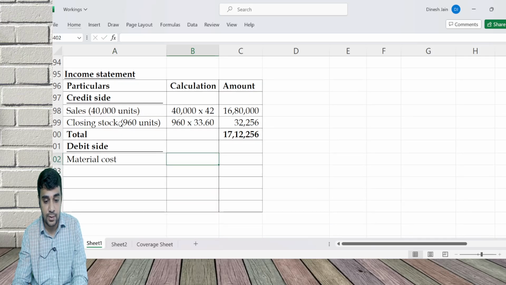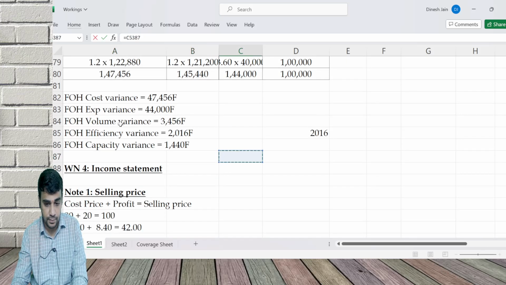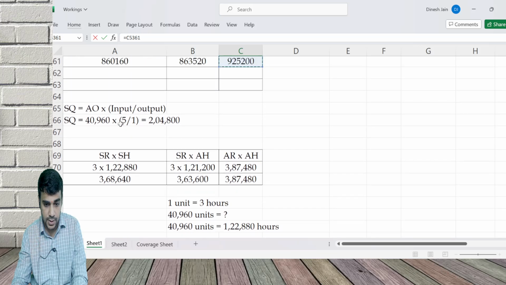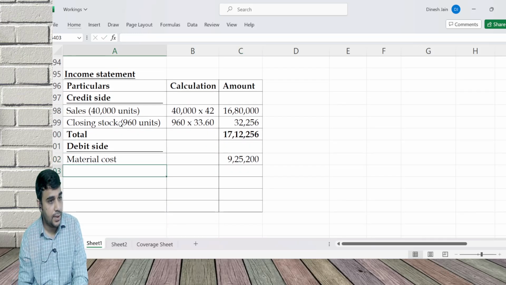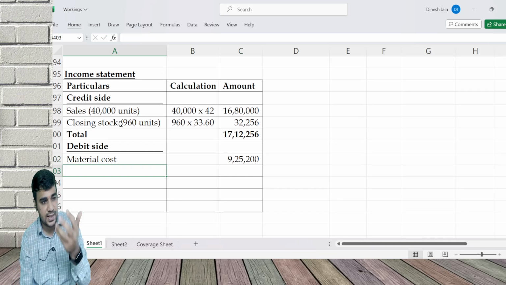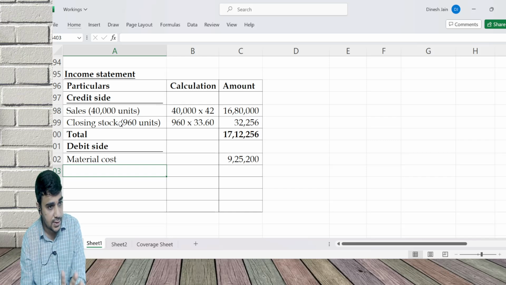What is there in the last column? How much? 925,200. We have purchased more, doesn't really matter, because what is direct material is opening stock plus purchase minus closing stock, so everything is auto considered here.